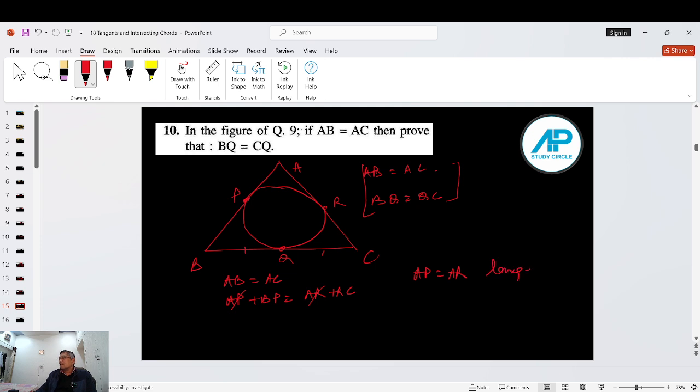Property: tangents from the same point are equal. That gives us BP equals CR. What is BP equal to? BP is equal to BQ. And CR is equal to CQ. That gives me the value that BQ is equal to CQ. That is what I needed to prove here.